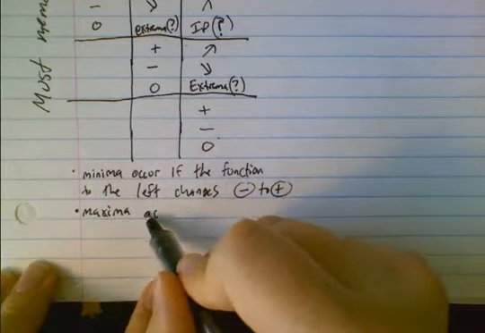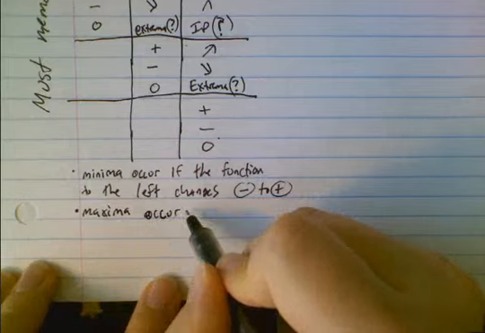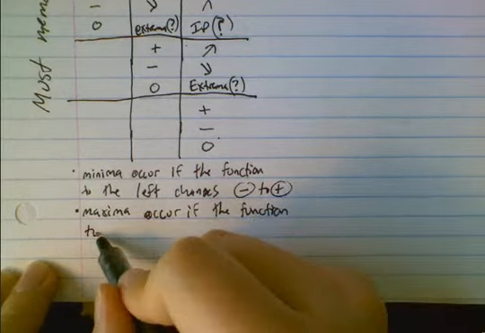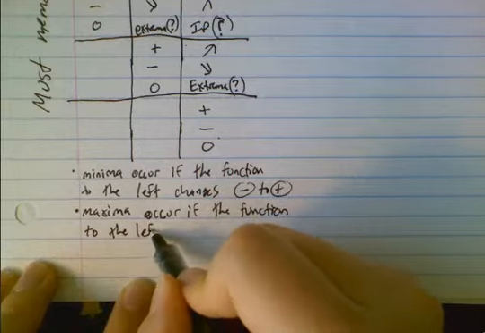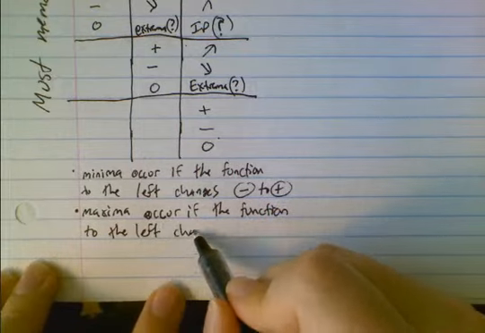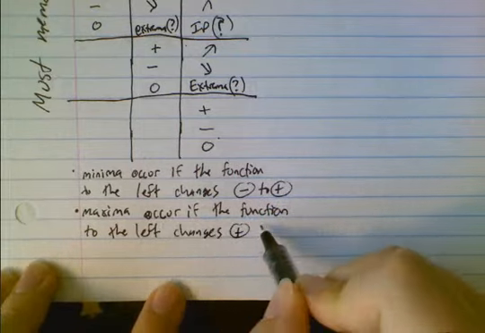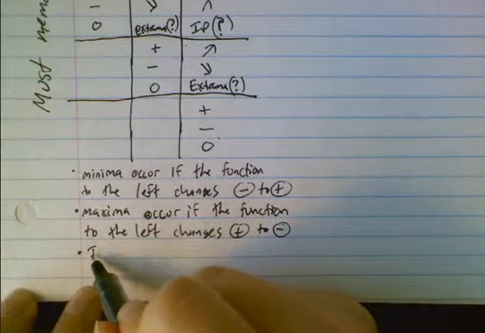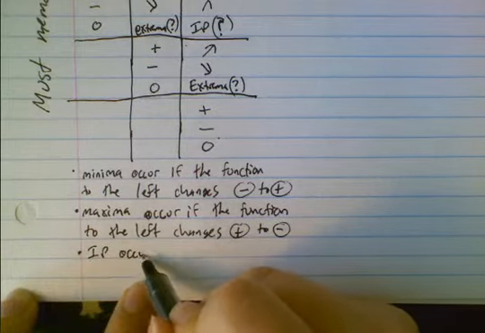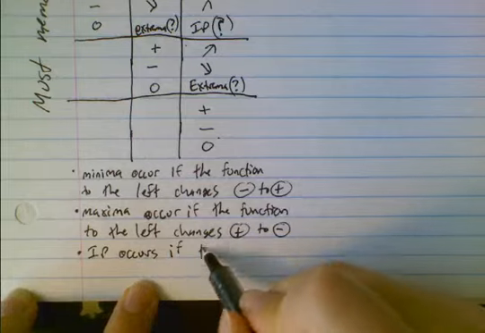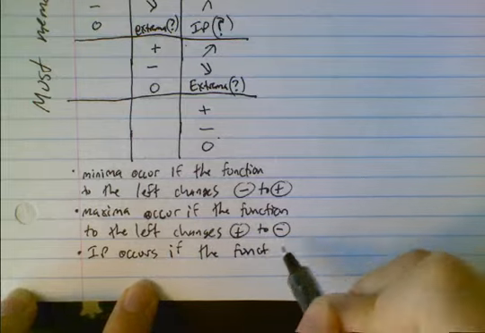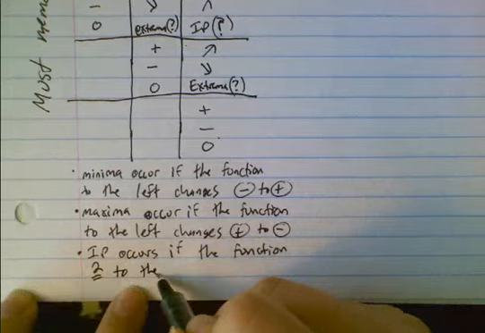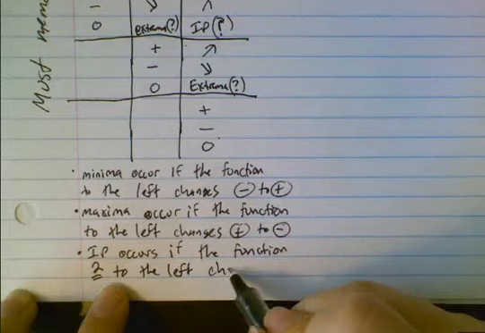Maxima occur if the function to the left changes positive to negative. IP occurs if the function two to the left changes sign.